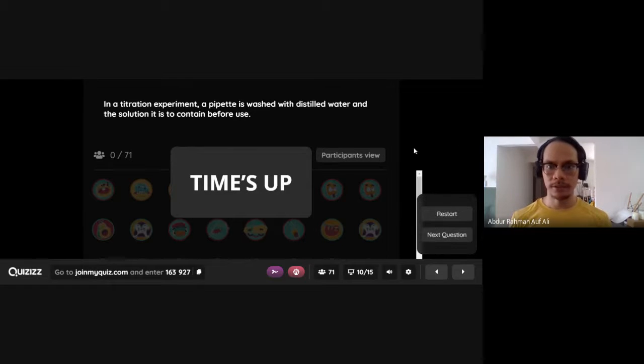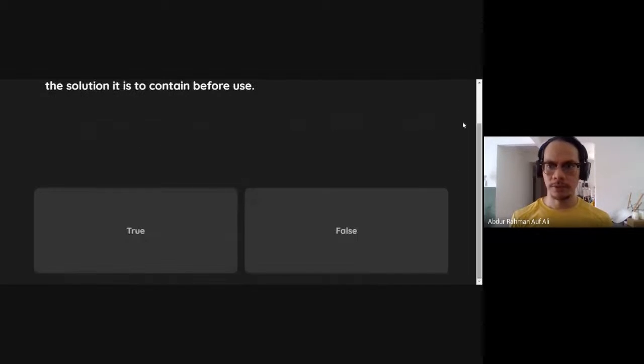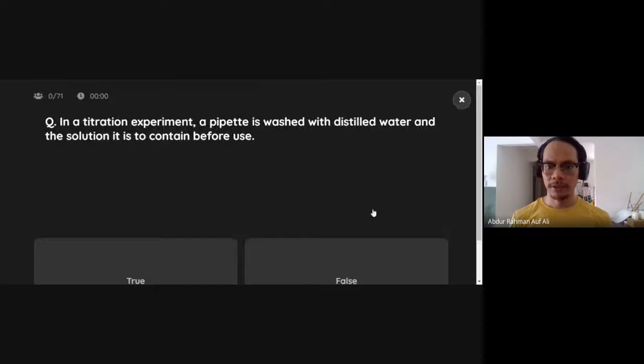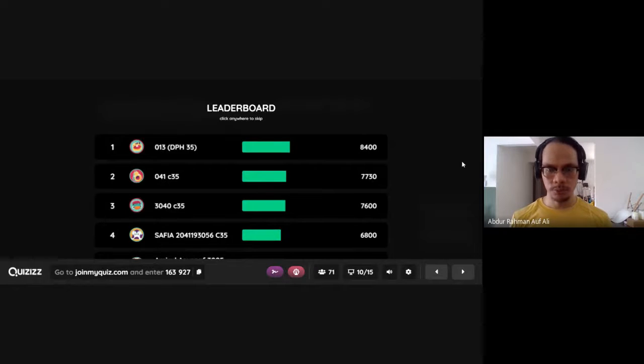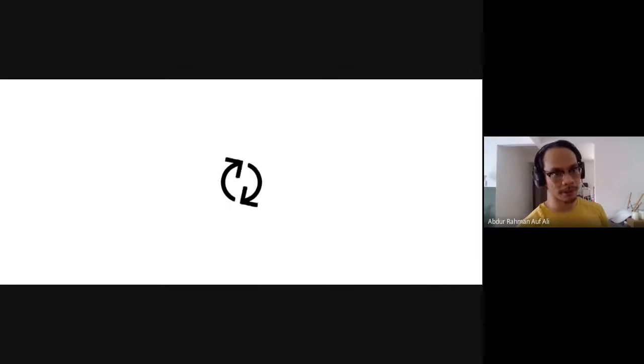So the answer, true or false. Okay, so the answer is true. The best practice of using a pipette adalah kita rinse dulu dengan distilled water, and then before kita actually use to extract the volume that we want of a solution that we want, kita rinse dulu.